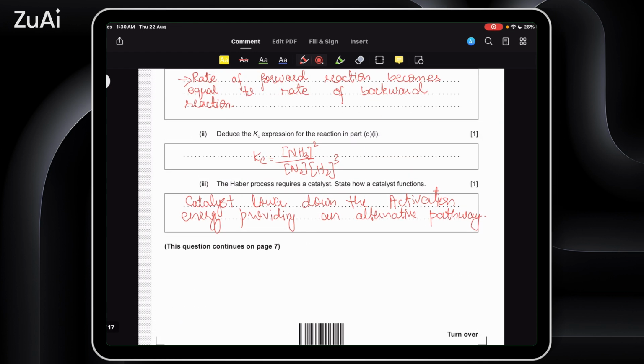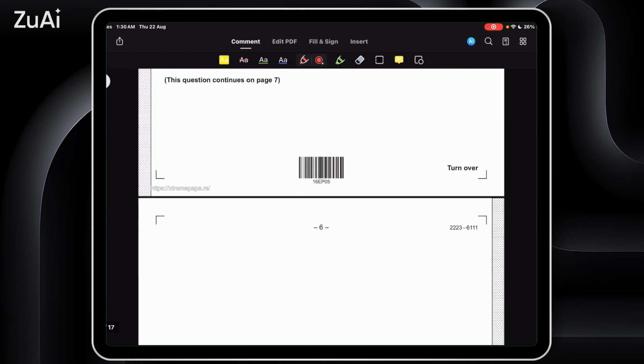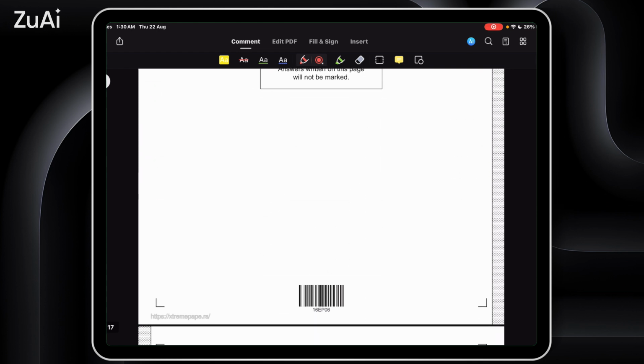We have to take the reaction. We're talking about change in volume with respect to time.